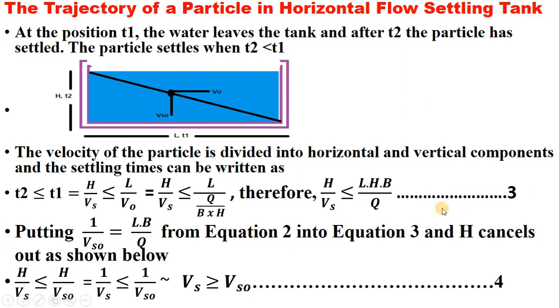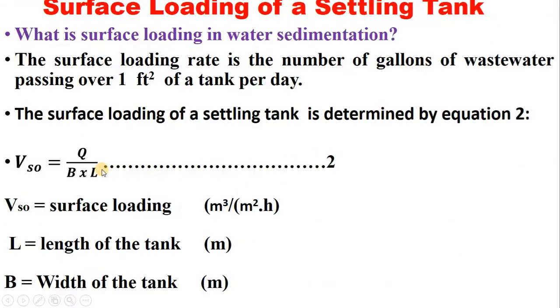Now, let us bring out L times B all over Q, which is equation 2. B times L all over Q is the same thing as 1 all over Vs0.